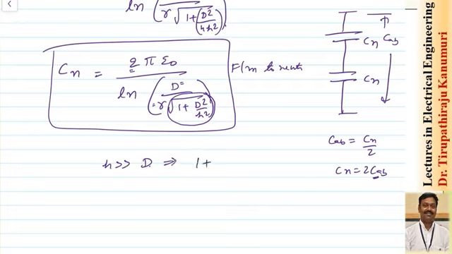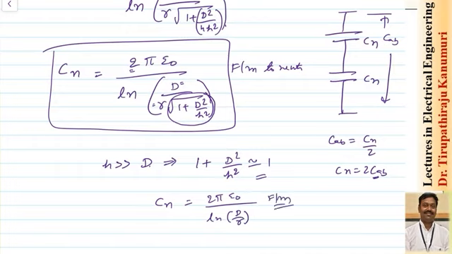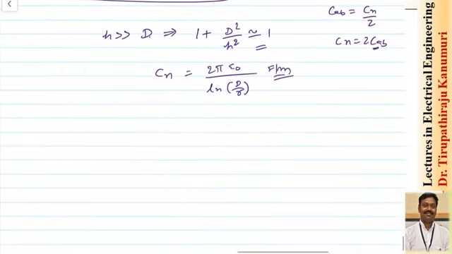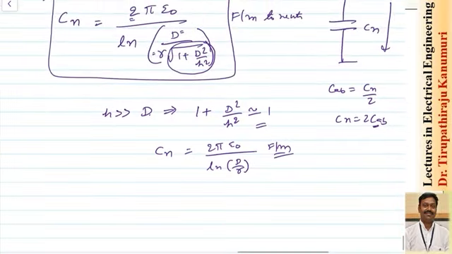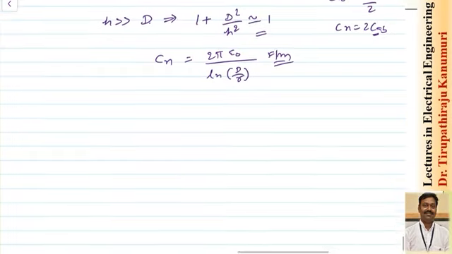So in that case I can approximate 1 plus D square by h square as 1, because the value of h is far greater than D. So automatically this Cn will become equal to 2 pi epsilon naught divided by ln of D by R farads per meter. So if the height of the tower is more, then you can neglect it. But if the height of the tower is less, then you have to consider this parameter also. You have to multiply, R will be modified to R multiplied by square root of 1 plus D square by h square. Getting it?